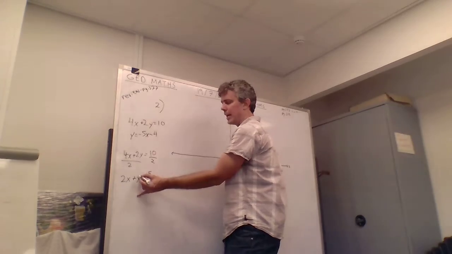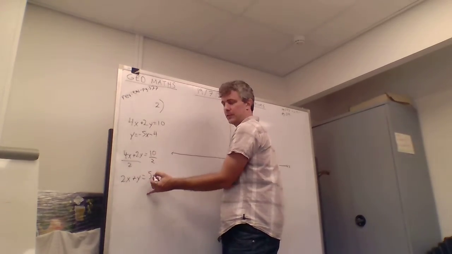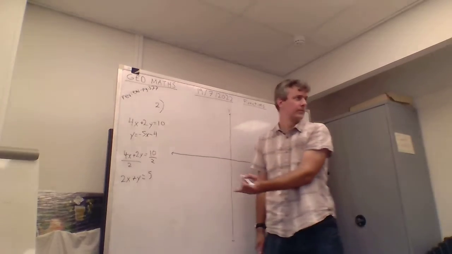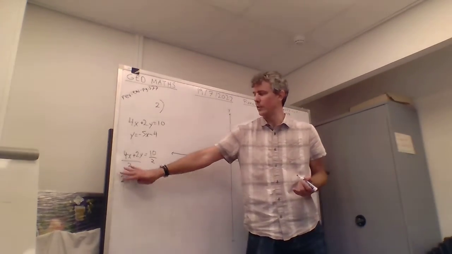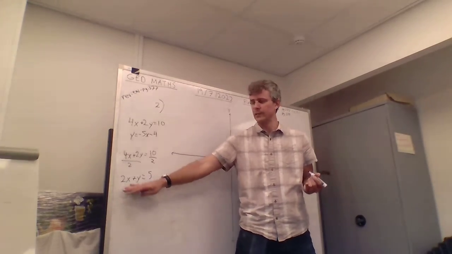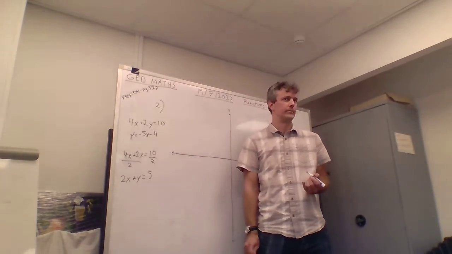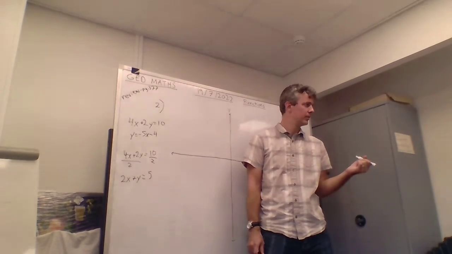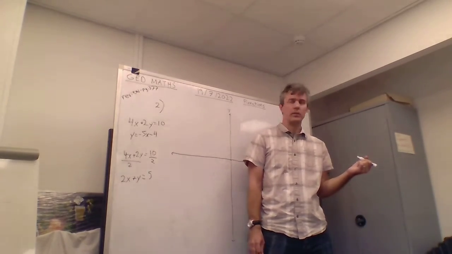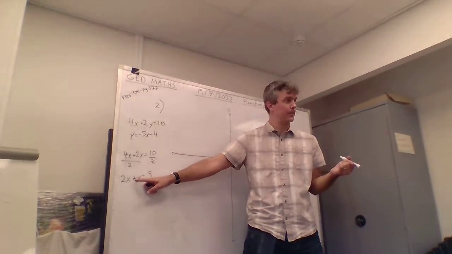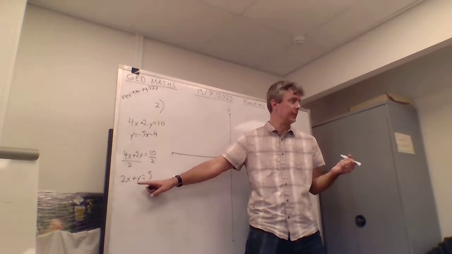And now we have y here. So all we need is to get the 2x onto the other side, right? So how do we do that? We want y by itself, and it's a plus 2x, so we need to subtract 2x.